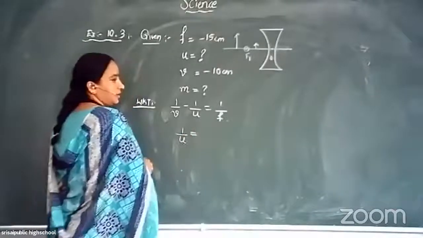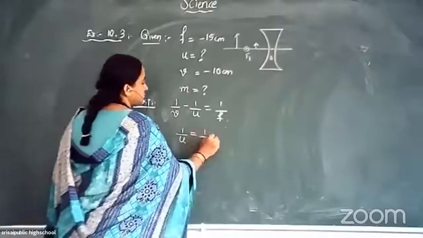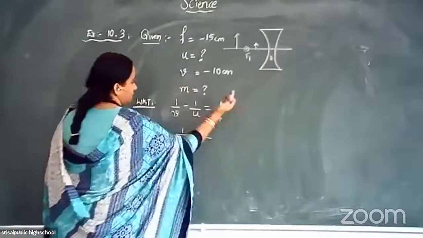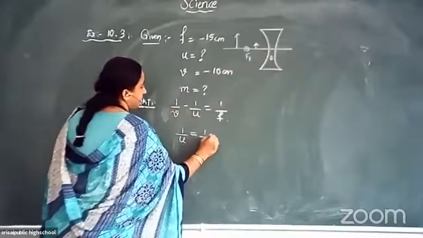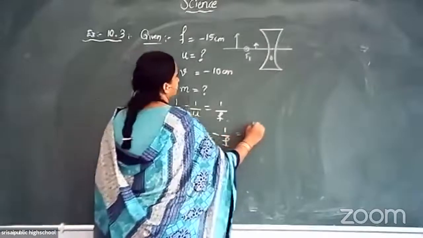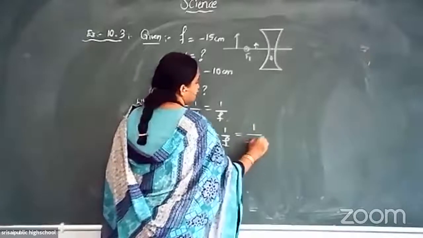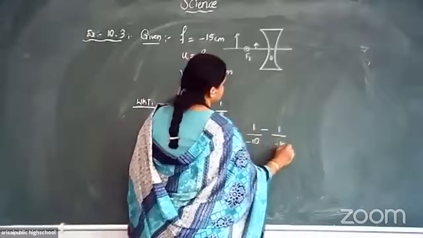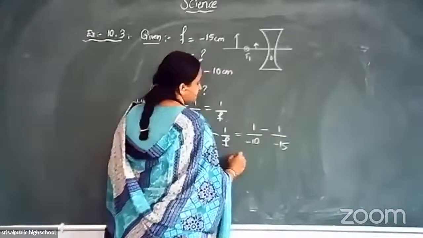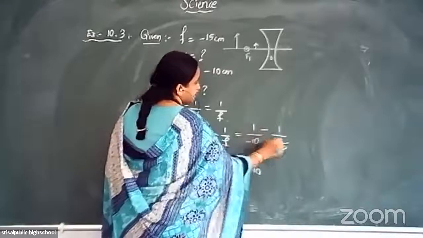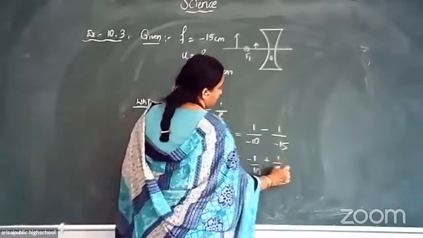So I will write directly like this: 1 by U equals 1 by V minus 1 upon F. What is the value of V? 1 upon minus 10 minus of 1 upon minus 15. So this becomes minus 1 upon 10 plus 1 upon 15.